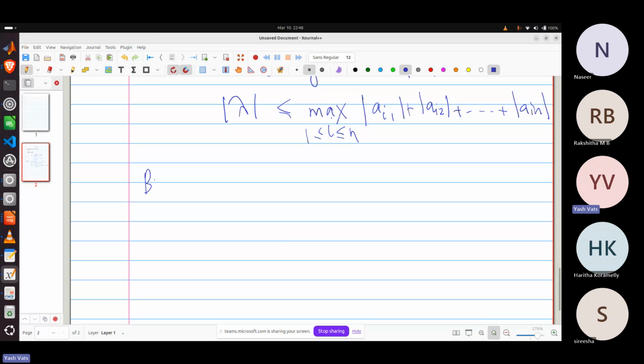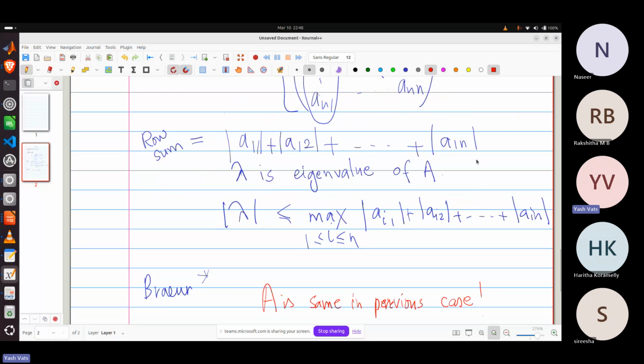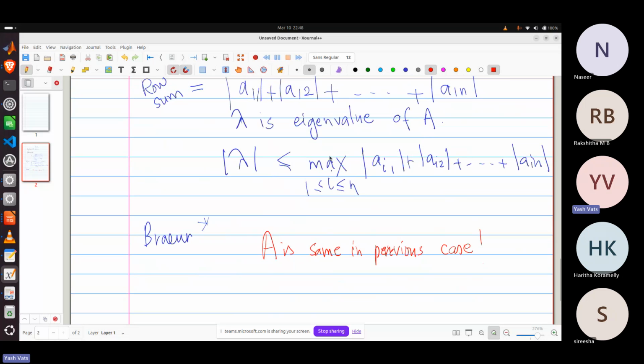So I just take another A, which is the same as in the previous case, that is your A like this.